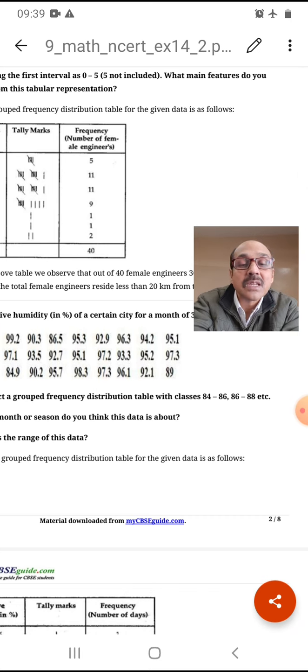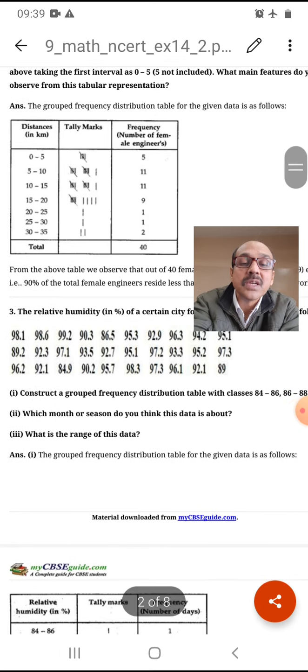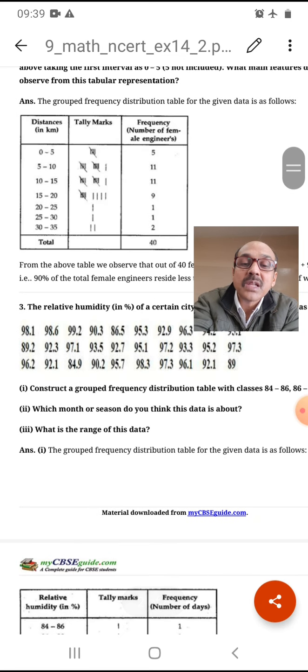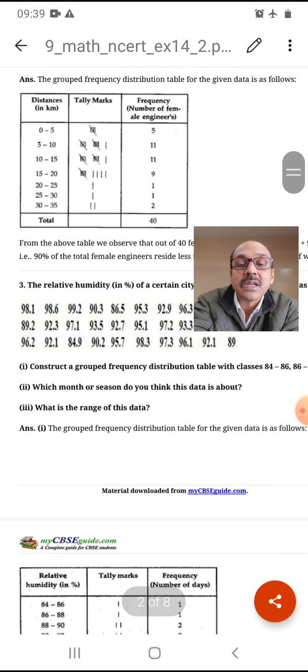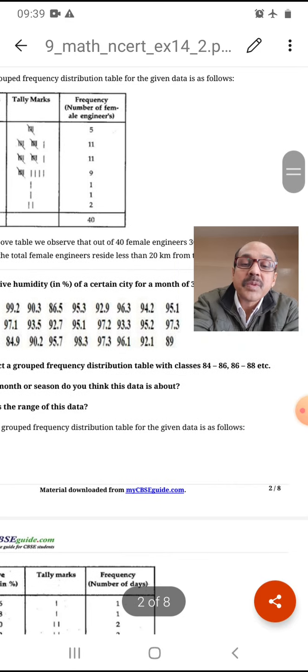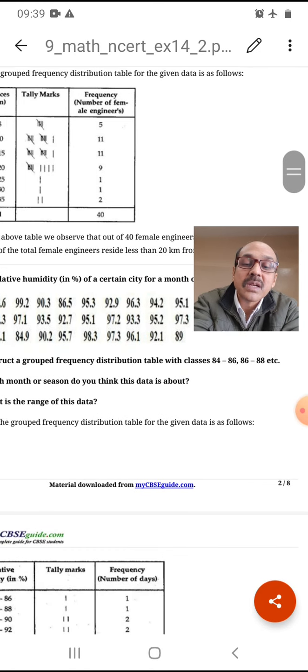So class intervals are given starting from 84 to 86. And which month or season do you think this data is about, and what is the range of this data? So, a group frequency distribution table for this given data.